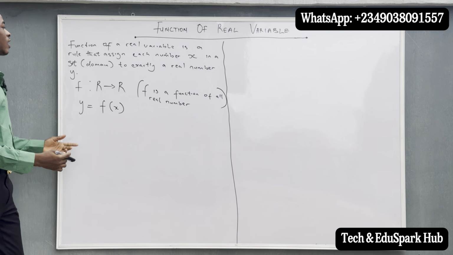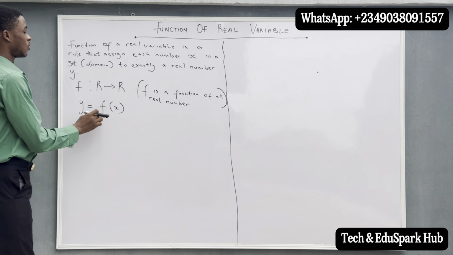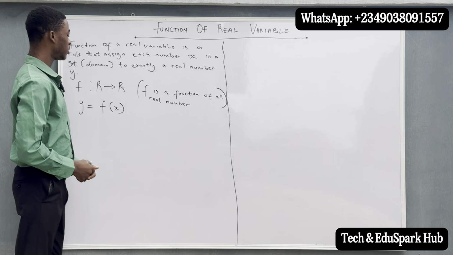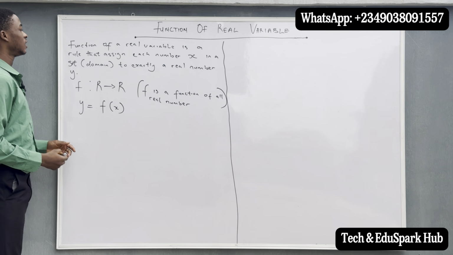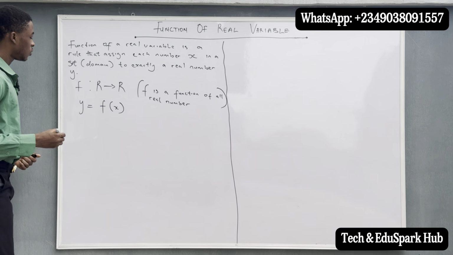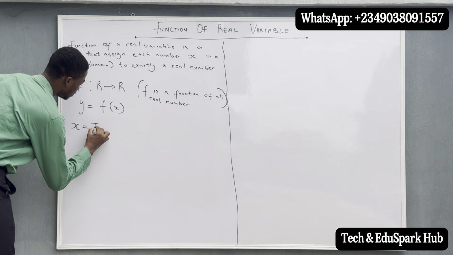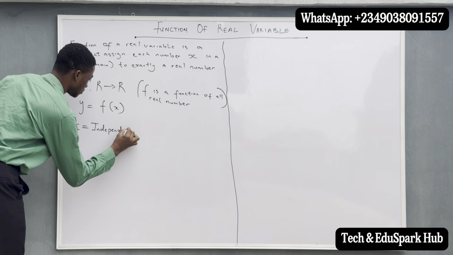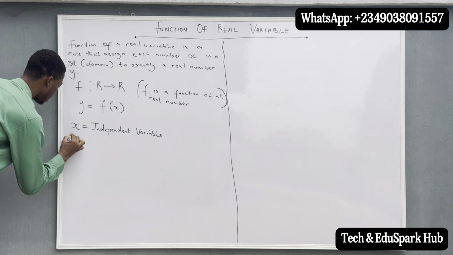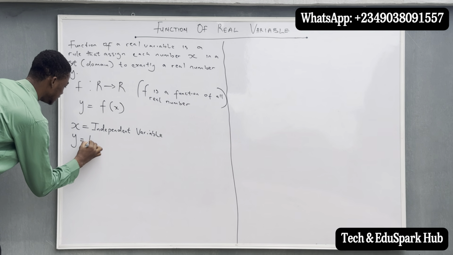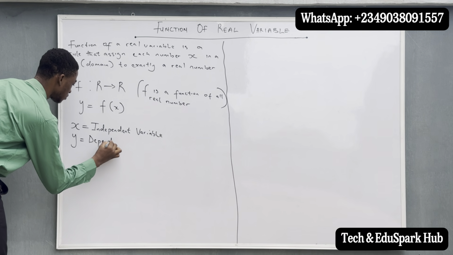You can see this y is the real number, while f is a function of all real numbers, and x is the number assigned. So we have our x as the independent variable, and our y as the dependent variable.